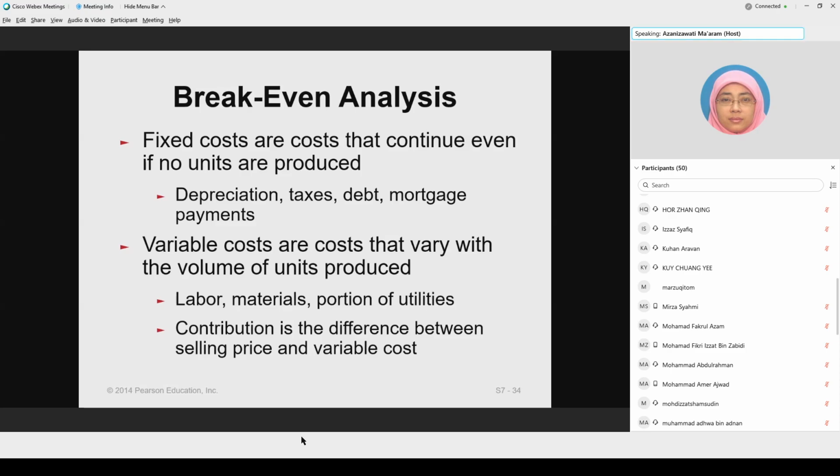So it will include all the depreciation, tax, debt, mortgage payment. So fixed cost, for example, if you buy the machine, if you buy something and then even though you produce many products, but the fixed cost will not change.